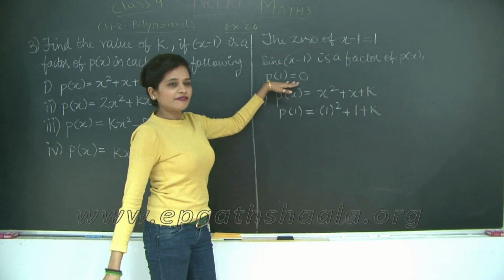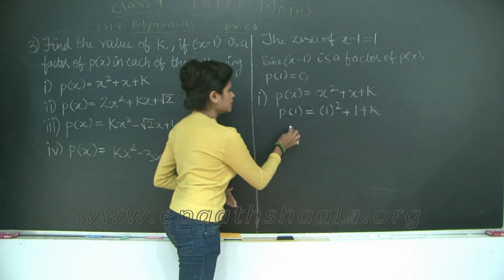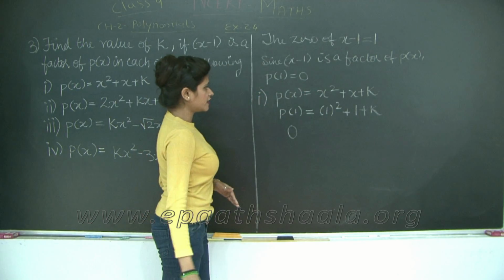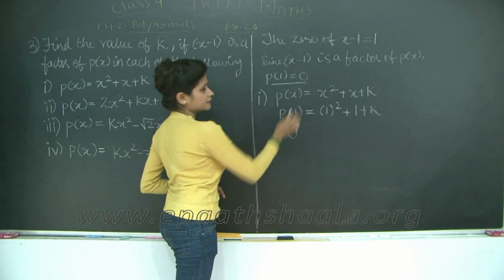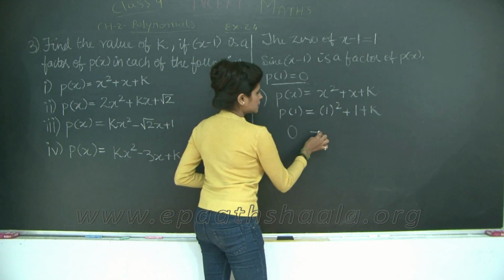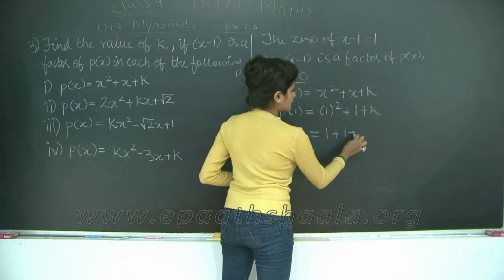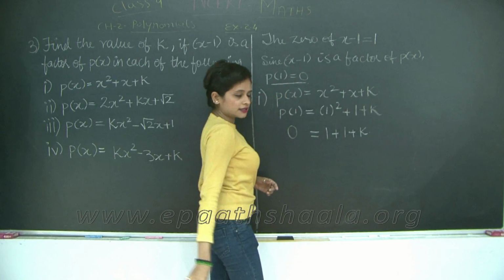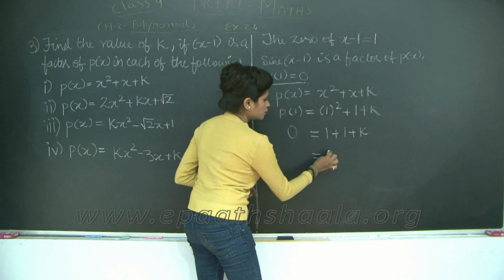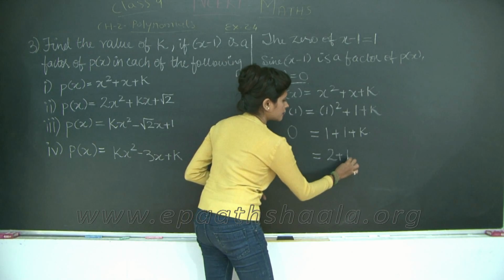But we already have p(1) as 0, right? So, 0 is equal to 1 square, which is 1, plus 1 plus k. Correct? So, 0 is equal to 2 plus k.